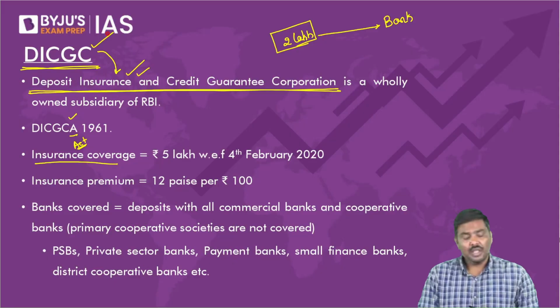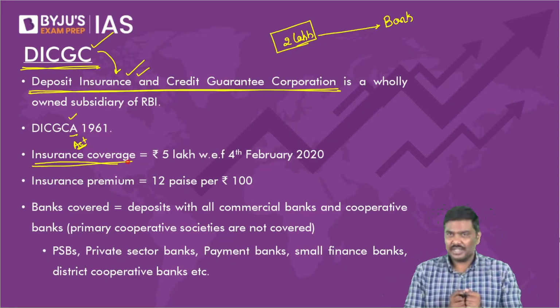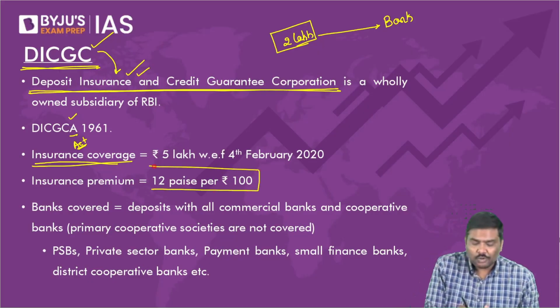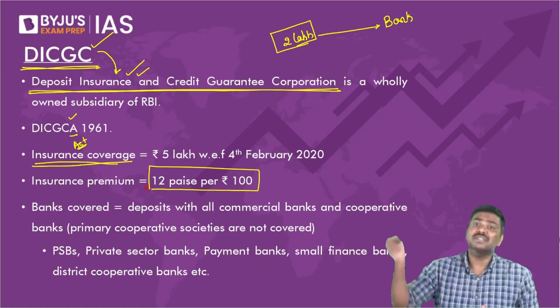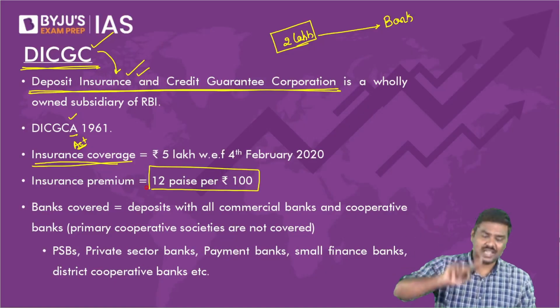That is the reason there is this concept of DICGC in India, where whenever the banks collect deposits, they will have to pay 12 paise for every 100 rupees. This is paid by the banks themselves, not by the customer.